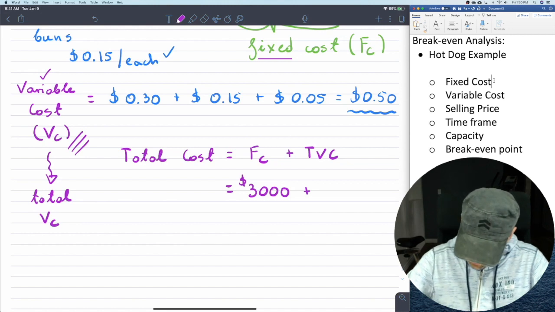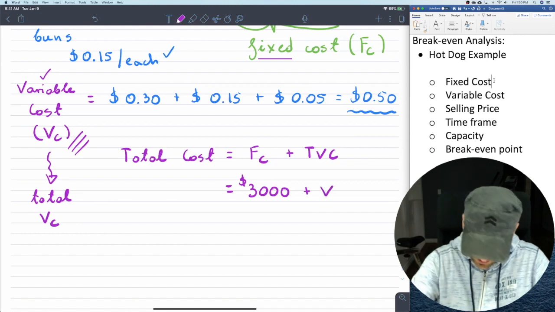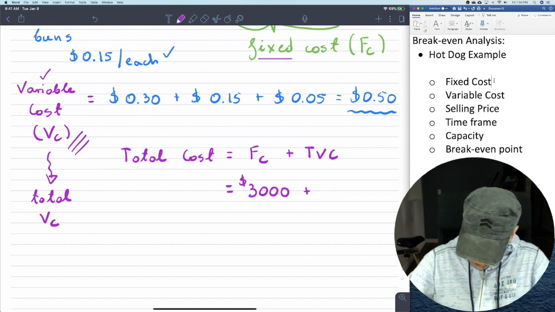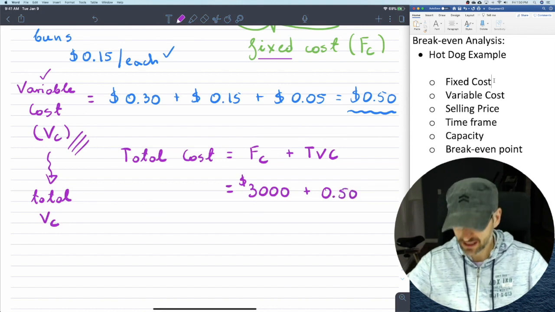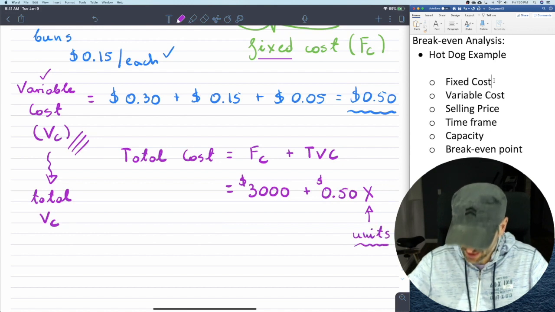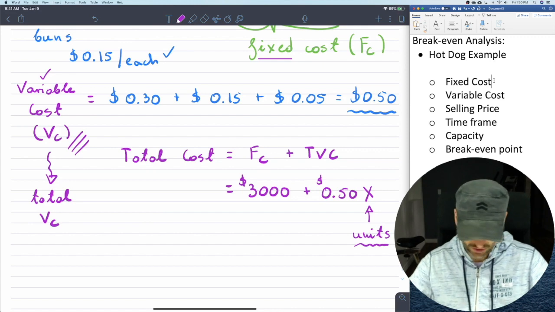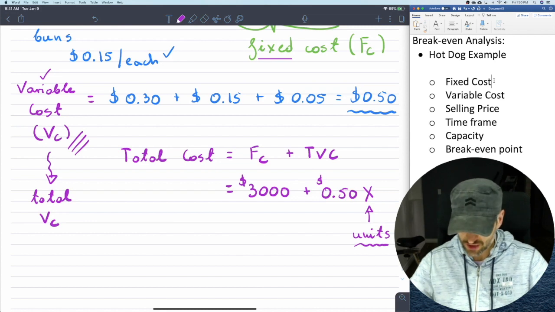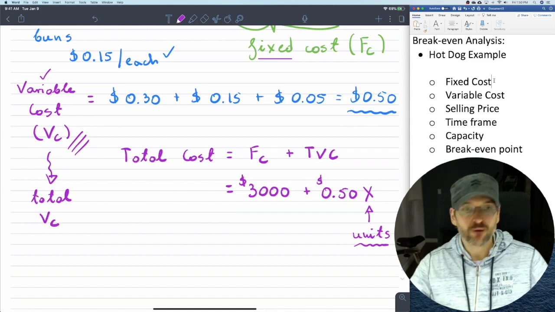I know how much one unit costs, this VC, which is 50 cents, but I don't know how many I will be selling. So typically we put X, and X simply means how many units did you sell. If I sold 10 units or 20 units or 30 units, that will obviously change. That's why it's called a variable cost. Now these are all my different costs.